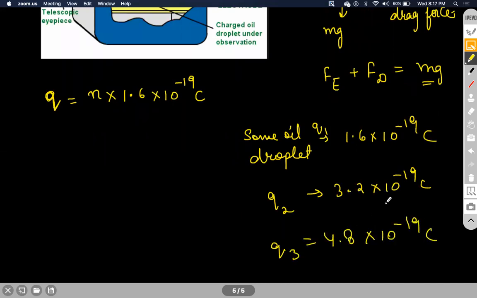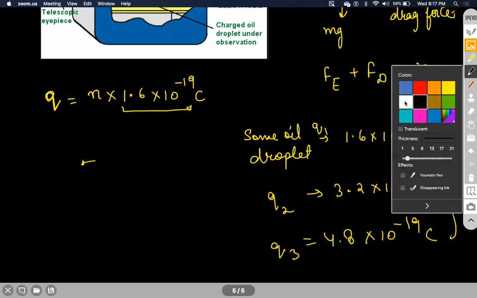So what he observed is that all these oil droplets have one thing in common, that their charge is an integral multiple of 1.6 into 10 to the power minus 19. This is the charge on the oil droplet.